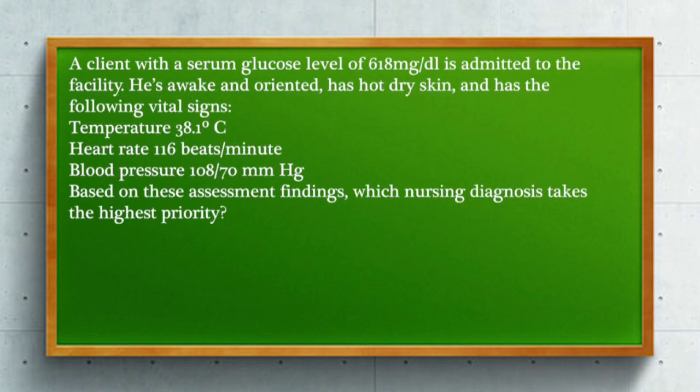Next question. A client with a serum glucose level of 618 mg/dL is admitted to the facility. He's awake and oriented, has hot dry skin, and has the following vital signs: temperature 38.1 degrees C, heart rate 116 beats/minute, blood pressure 108/70 mmHg. Based on these assessment findings, which nursing diagnosis takes the highest priority?